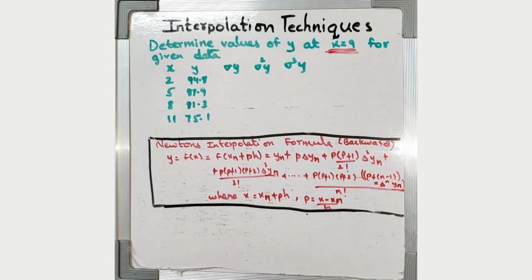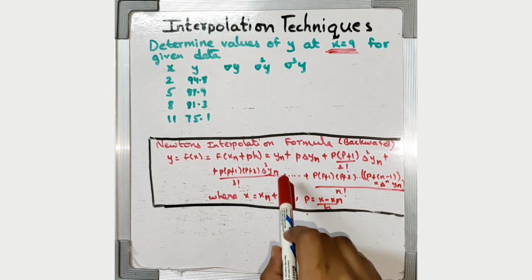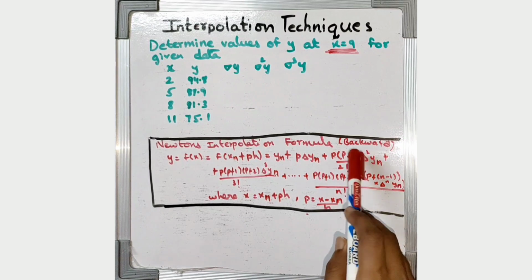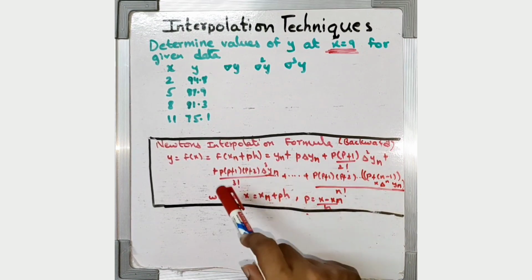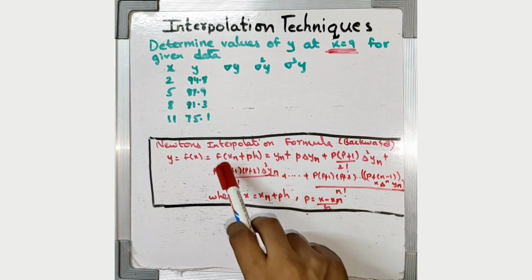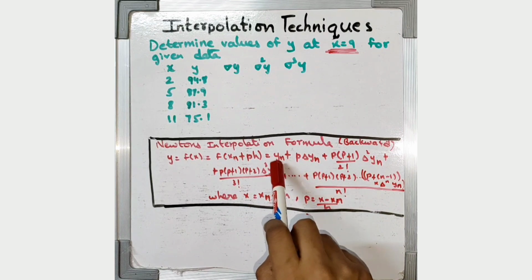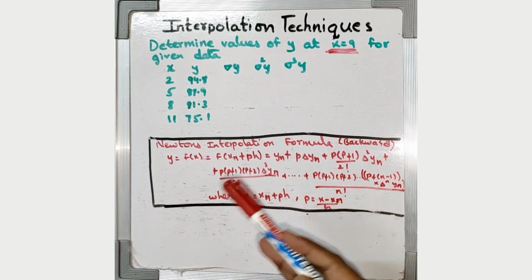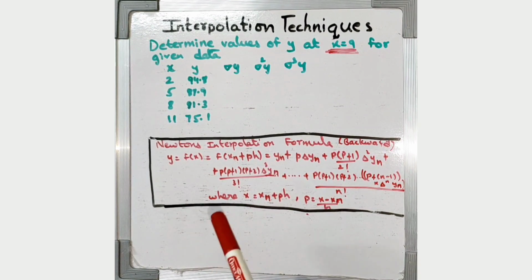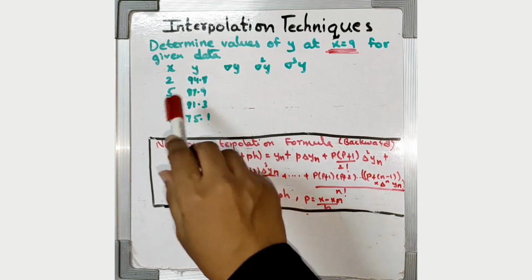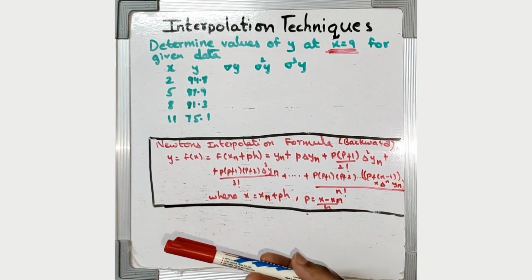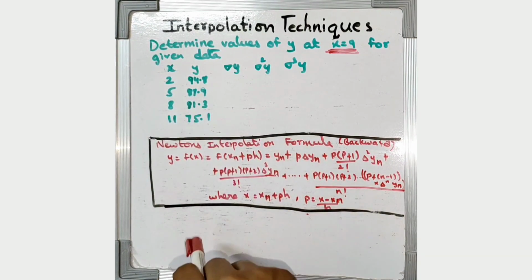There is a slight difference compared with the forward formula: they'll be using xn. Now, how will we know when to use forward or backward?